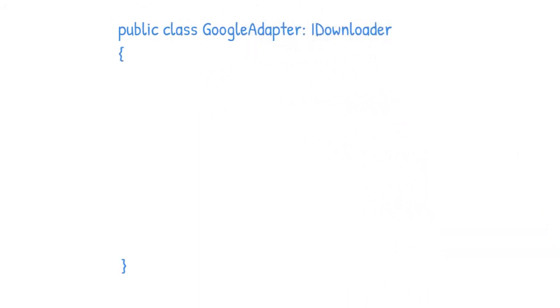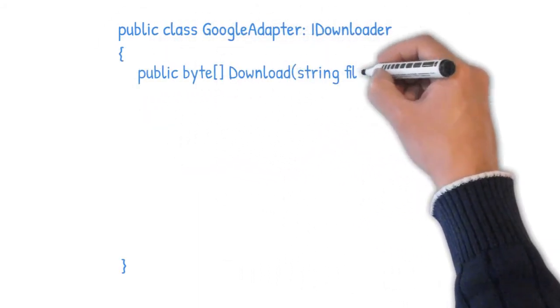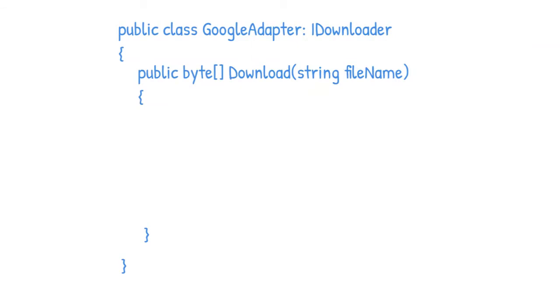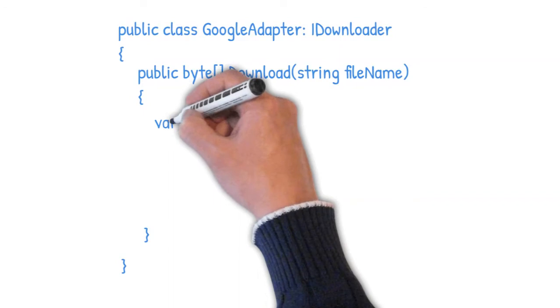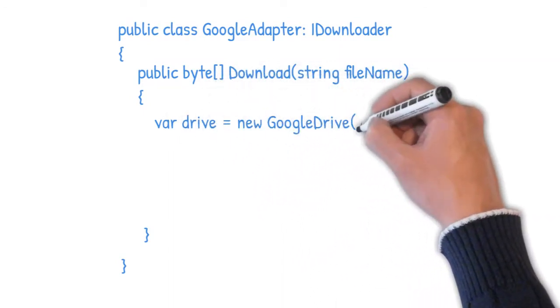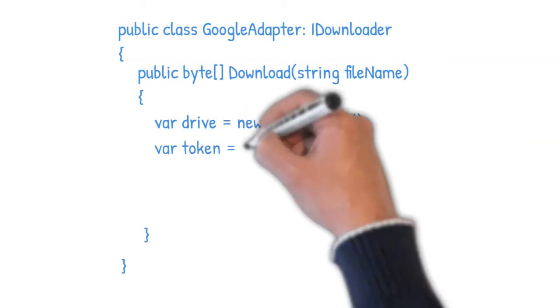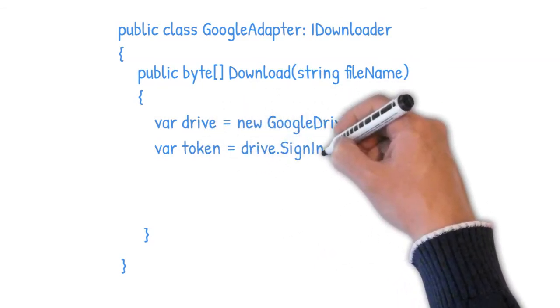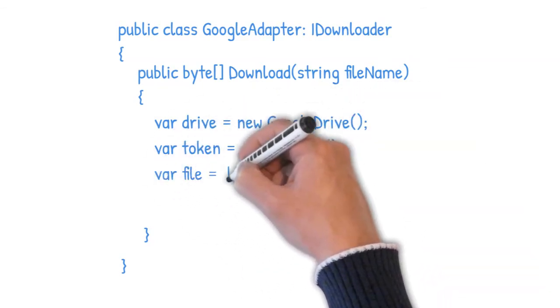We are going to create a GoogleAdapter which implements the IDownloader interface. The download method implemented by GoogleAdapter will ensure that all the steps required by Google Drive are executed in a sequence.